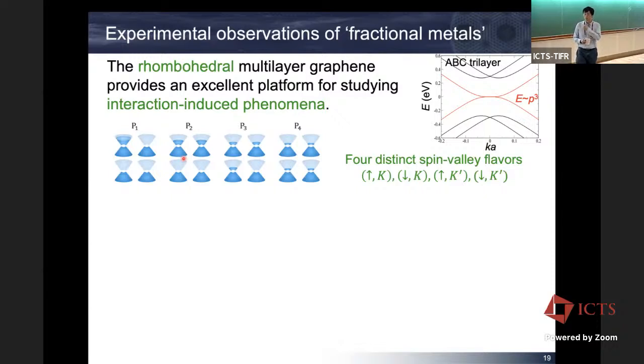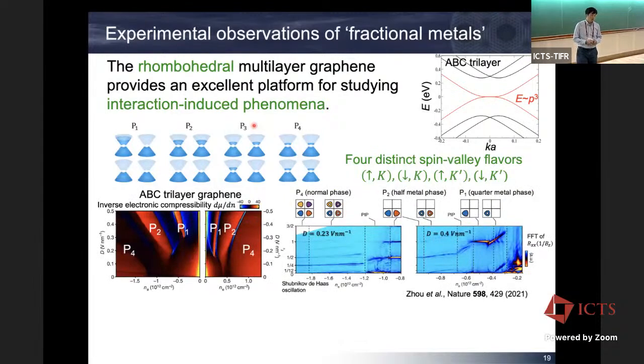We know that by using a backgate, we can charge the system with electrons or holes. So P1 means that one flavor is being occupied, whereas P2 shows that only 2 flavors are occupied, and P3 and P4, so on and so forth.